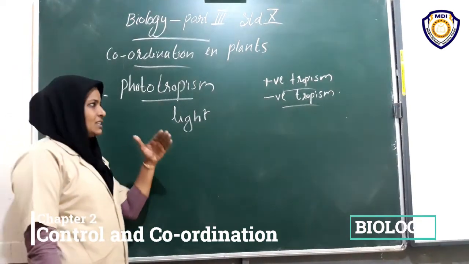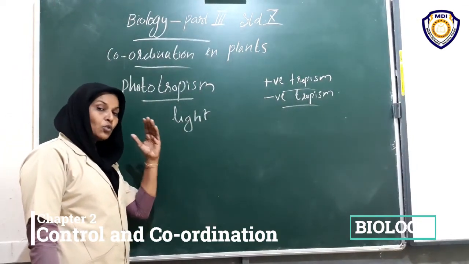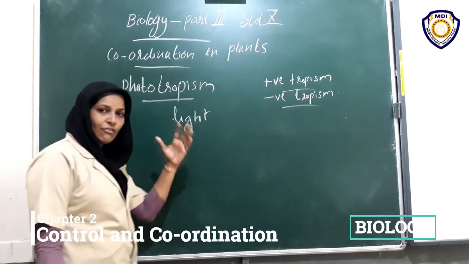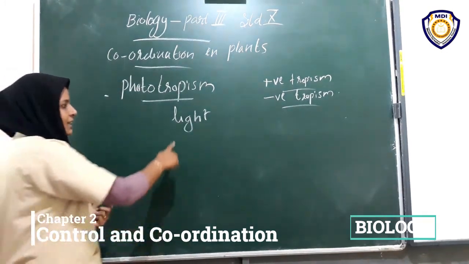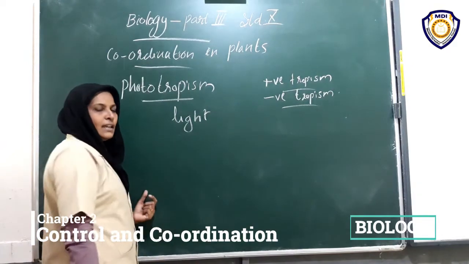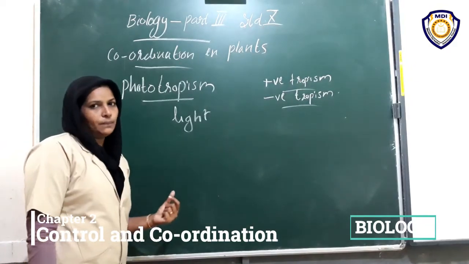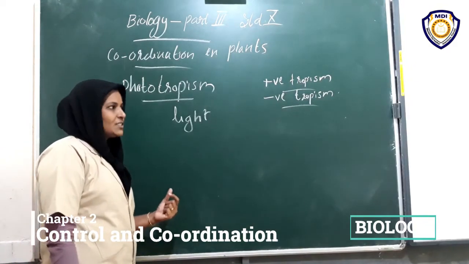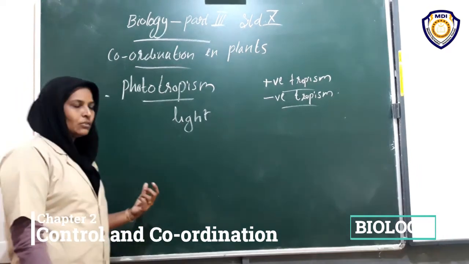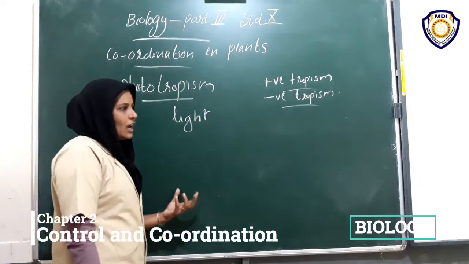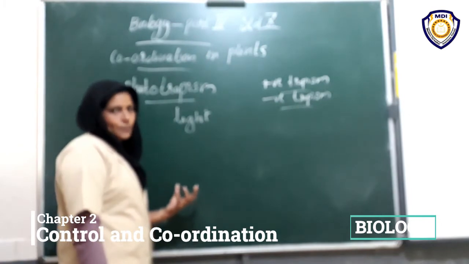If it is the root system that is away from the stimulus, that is light, it is called negative phototropism. Are you clear? What is phototropism? It consists of both positive and negative tropisms.